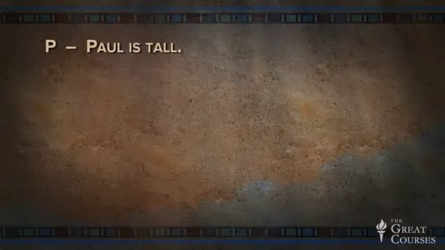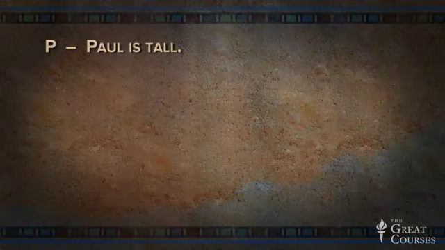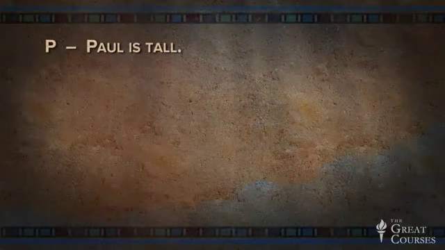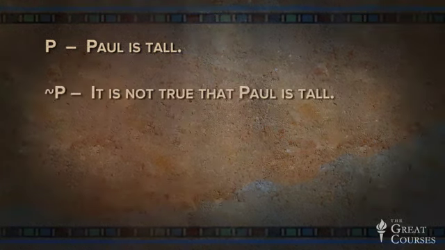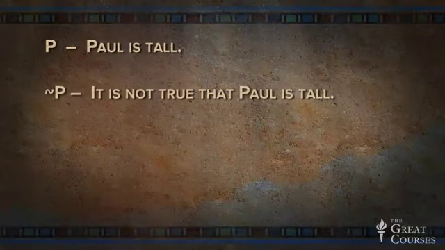The idea of putting a negator in front of what you want to negate is not unique. It's used in symbolic logic, which is also a language. For example, let's say the letter P represents the sentence, Paul is tall. In symbolic logic, the tilde, the curl, is the negator. So, not P means it's not true that Paul is tall.